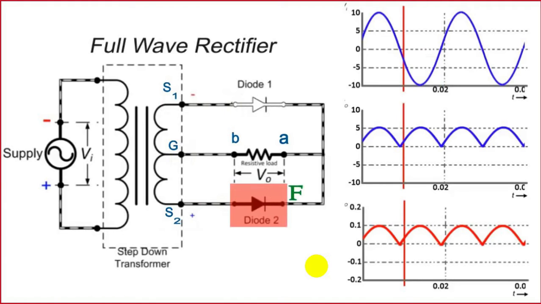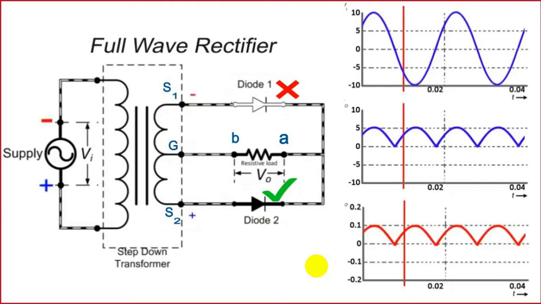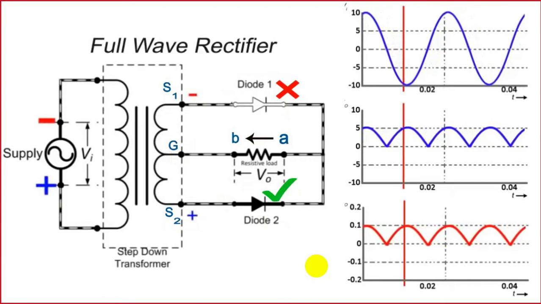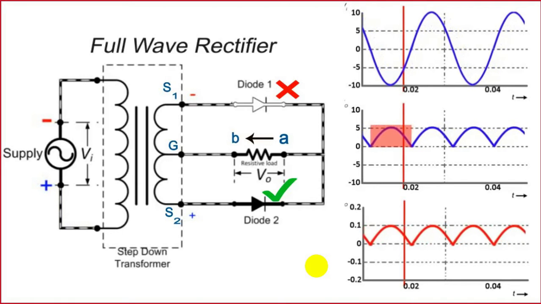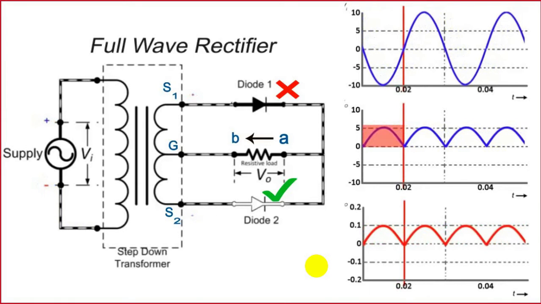Now, since S2 has the positive polarity, diode D2 is forward biased and diode 1 is reverse biased. So diode 2 conducts and current flows in the same direction from A to B. And that's the negative half of the AC input voltage.